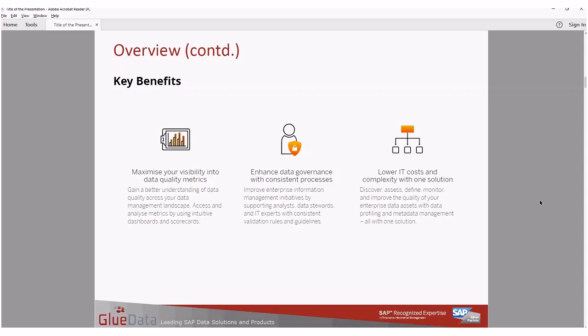Lower IT costs and complexity with one solution. Now, IS, and I'll go into the architecture slightly, is a little bit different to data services or other tools. It does sit central. You have one instance that is shared by all users. So there's visibility across the board. Okay. The functionality around profiling and metadata management, as well as Metapedia, which they don't mention here.